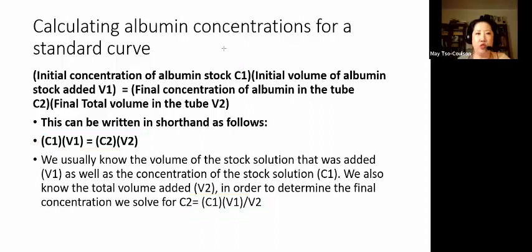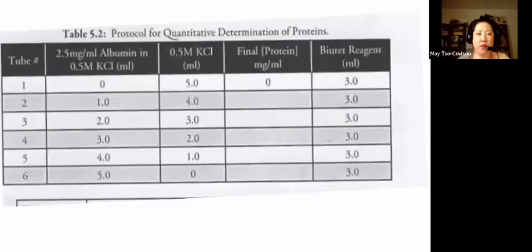So we are going to practice the calculation of the concentration to prepare a series of dilutions called serial dilutions to determine a standard curve. Here is a sample table to show you that we are starting off with a known concentration of albumin. That known concentration is given, so we know that C1 here is equal to 2.5 milligrams per milliliter.